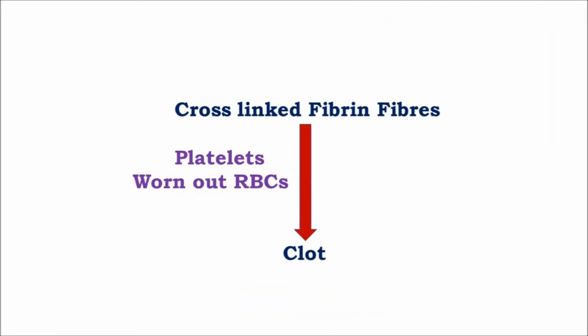A large number of these fibers start forming a network, a mesh, into which the platelets and the worn out red blood cells start getting trapped, and that leads to formation of a blood clot. See, a platelet plug is almost colorless or yellowish in appearance. But this clot that we are talking about, because the red blood cells are being trapped in it, becomes more or less dark red or brownish in color.